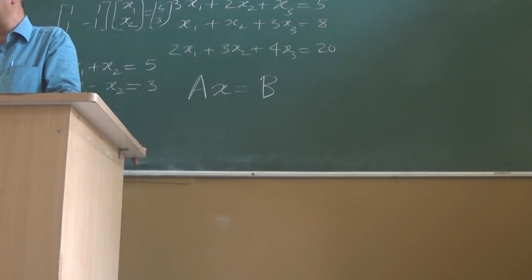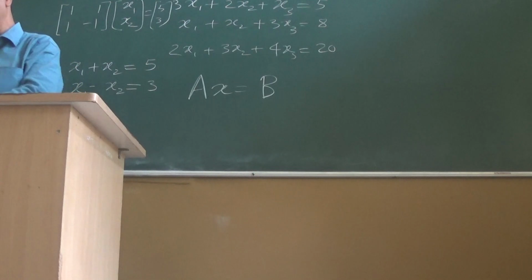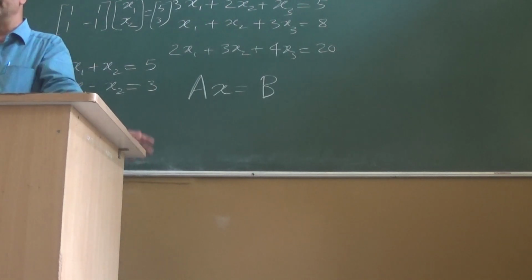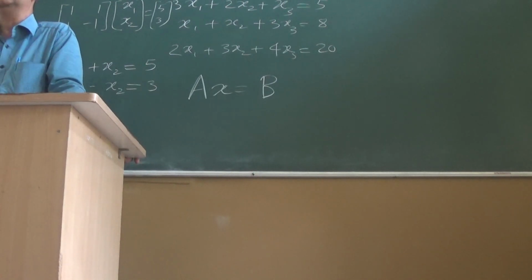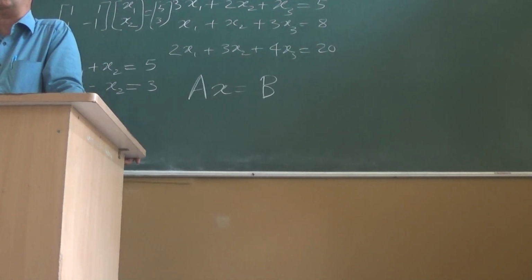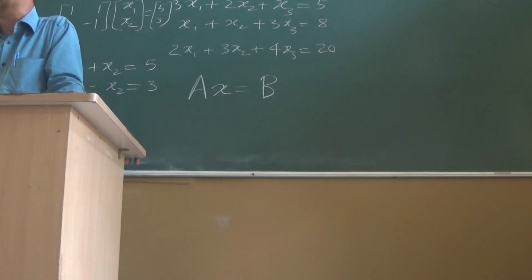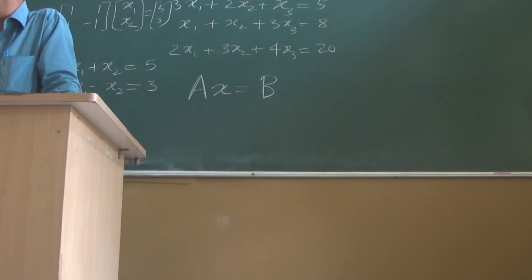What do we do? There's no point in repeating the very simple things of matrix theory. If I pre-multiply a column vector by an identity matrix of 3 by 3, I into x is x, so it remains the same.